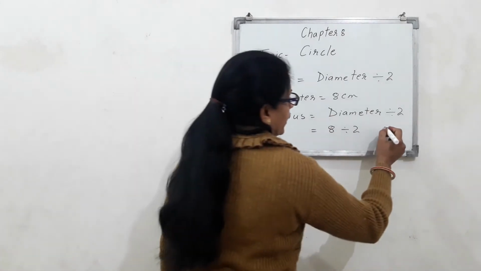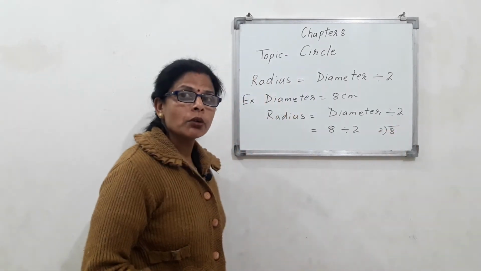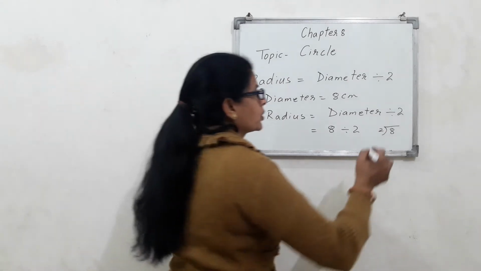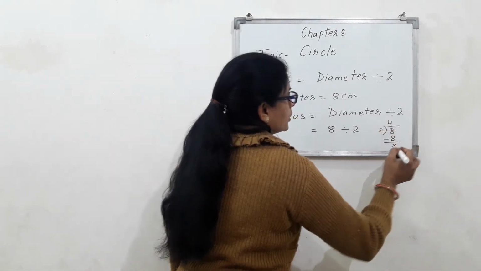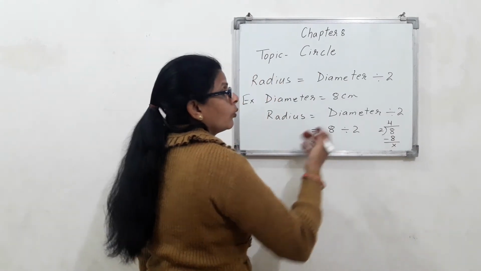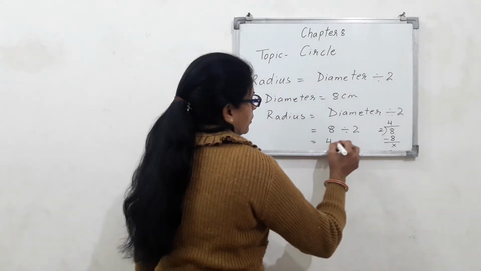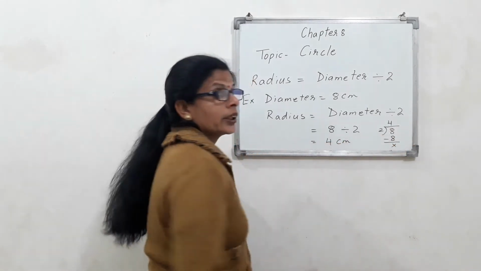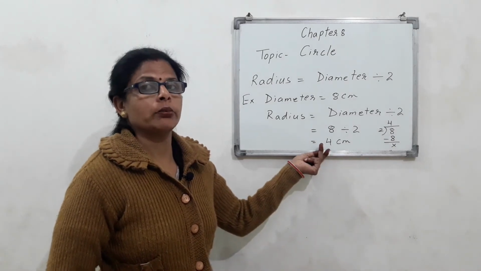If we divide 8 by 2, in 2 table 8 comes how many times? 4 times. 2 4s are 8, minus, 0 remains. So the radius of the circle is 4 centimeter. The quotient will be the radius of the circle.